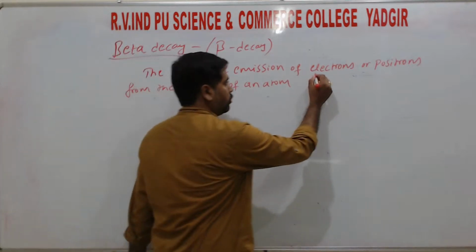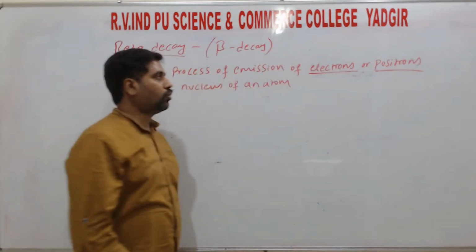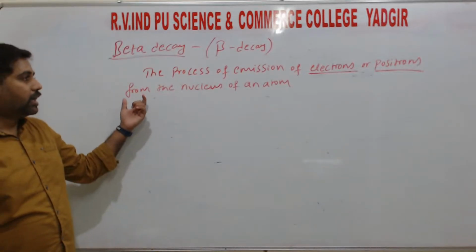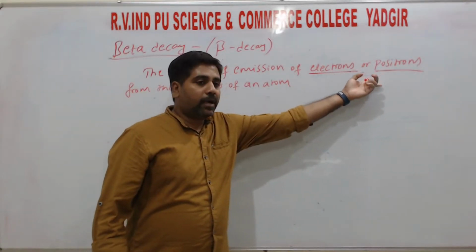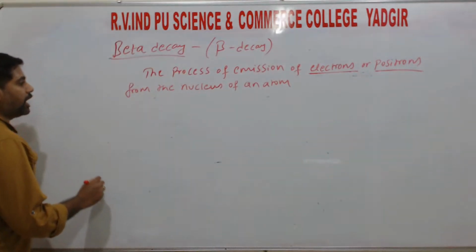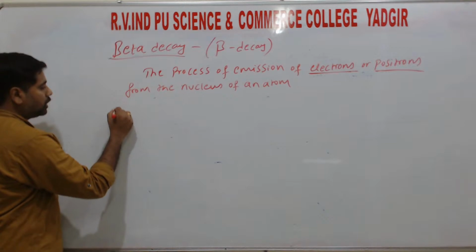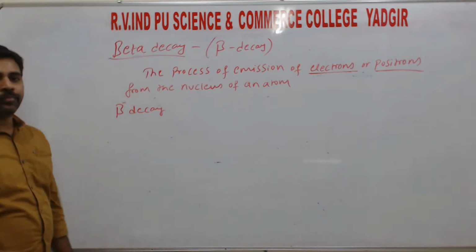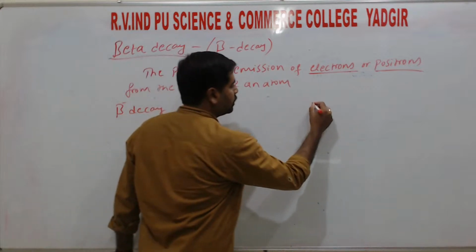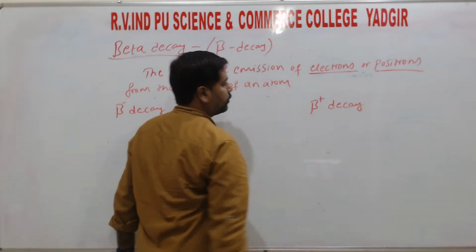So here one is electrons and another one is positrons. In beta decay, it may either emit electrons or emit positrons. That's why in beta decay we have two types: one is beta minus decay, and another one is beta plus decay.